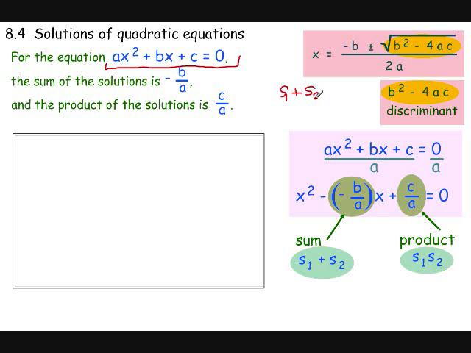So the sum of these two solutions, what would this look like? After I finish solving, I'd have x equals some number, we're going to call it s sub 1, and x equals some other number. Certainly with a quadratic we expect to have those two solutions. They might be identical to each other, but when we add them together, it's going to be equal to negative the linear coefficient divided by the leading coefficient. I don't know, that seems a little surprising to me.